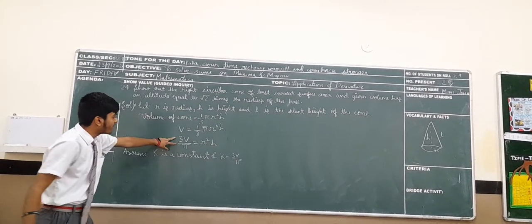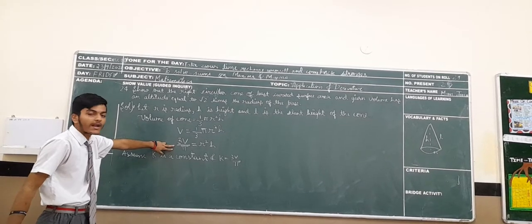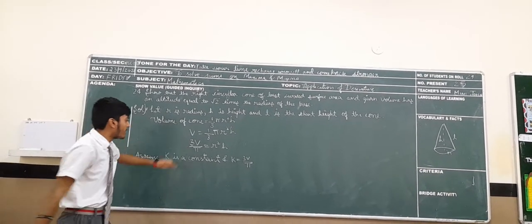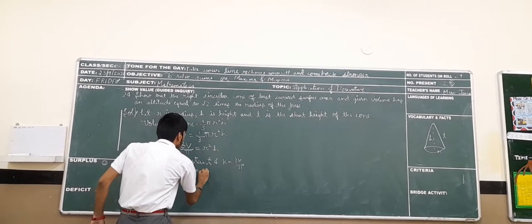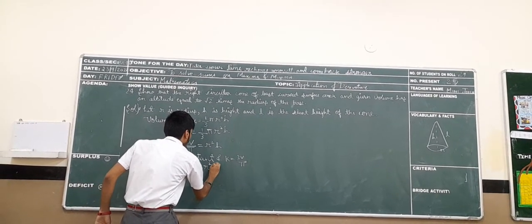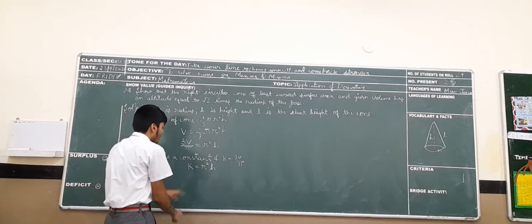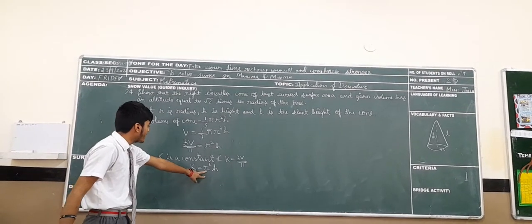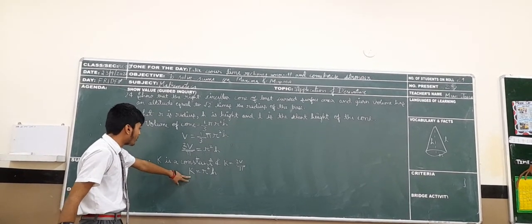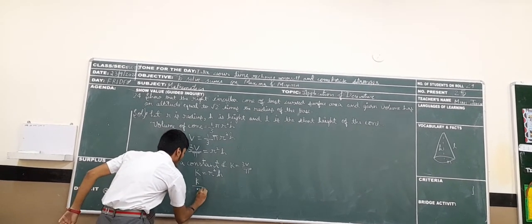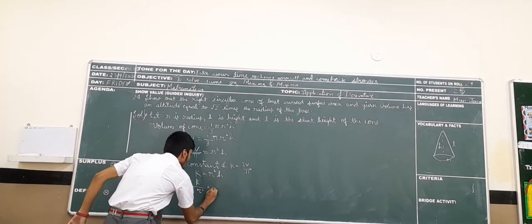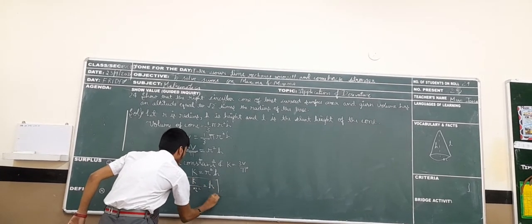So in place of 3V by pi, can we write k? Yes. Then k is equal to r square h. Now we bring this radius to the denominator of k, so k by r square is equal to h.